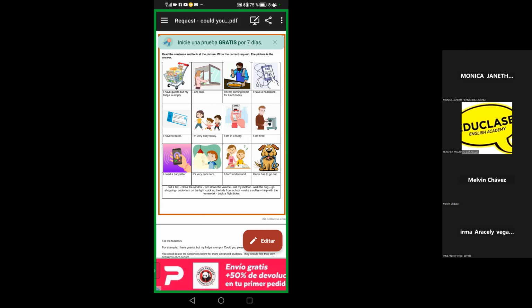Mejor le voy a poner could you go fast, please. Yeah, faster is más rápido. Comparative. Okay. Both are possible. You decide. Faster.